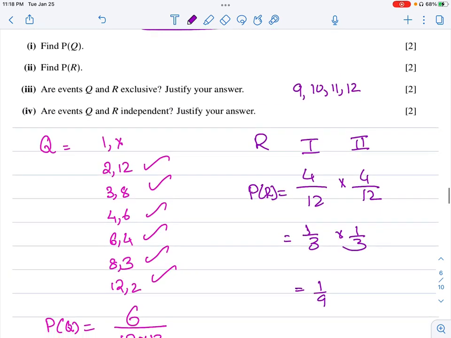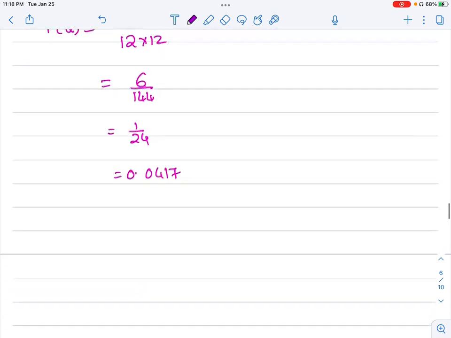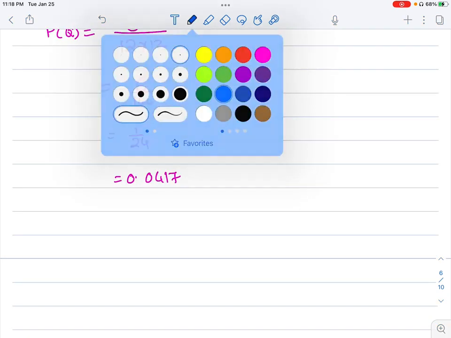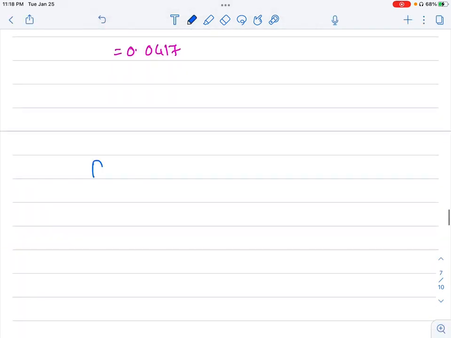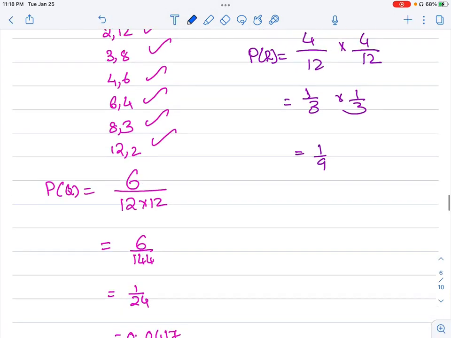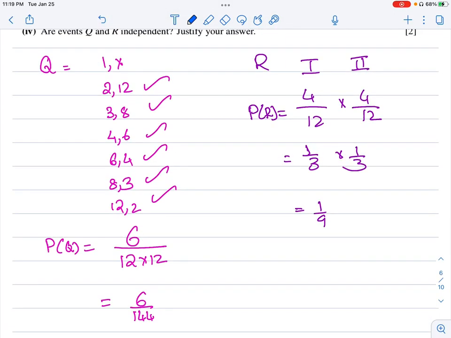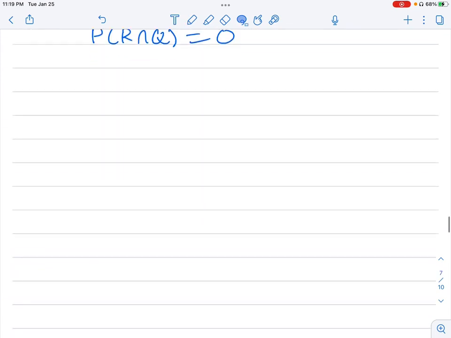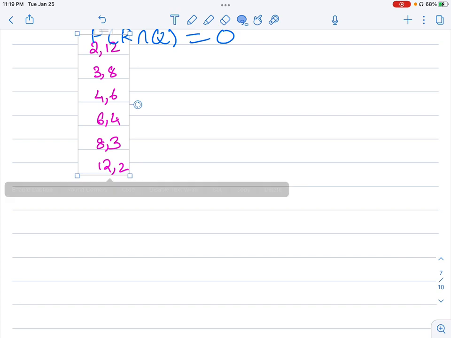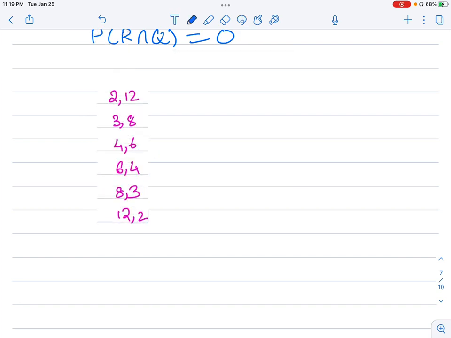Then, are the events Q and R exclusive? For exclusive, the probability of R intersection Q should be equal to 0. Do we have any number? We took these options for P, for Q, and according to R, the number should be greater than 8.